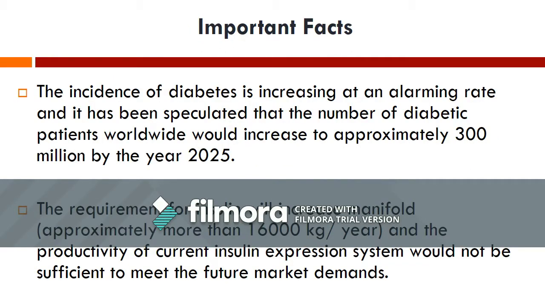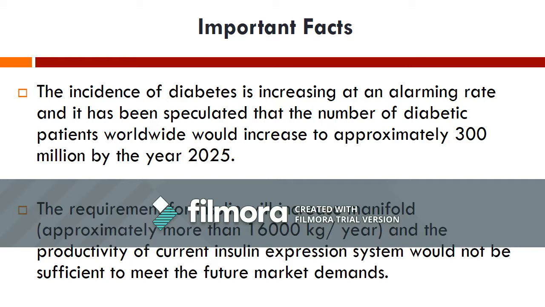I need to mention these important facts. The incidence of diabetes is increasing at an alarming rate, and it has been speculated that the number of diabetic patients worldwide will increase to approximately 300 million by the year 2025.